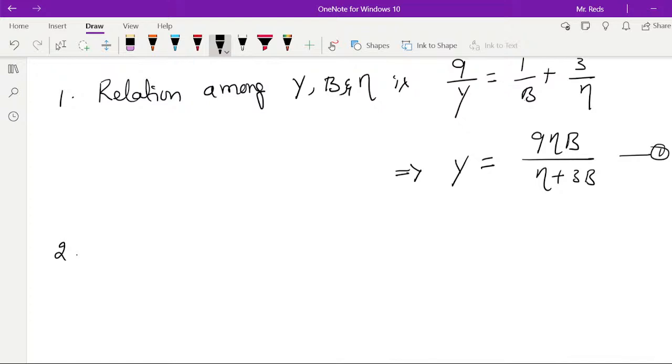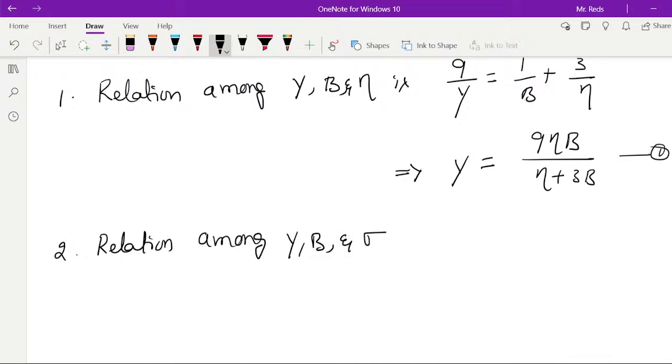The next one is the relation between two of these and Poisson's ratio. That is, Young's modulus, bulk modulus, and Poisson's ratio sigma.